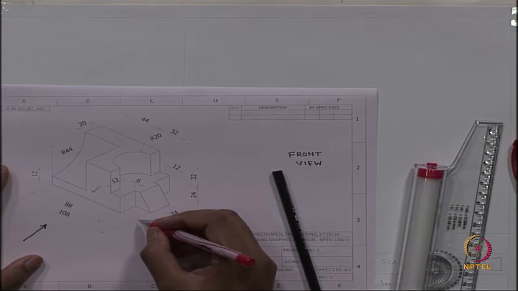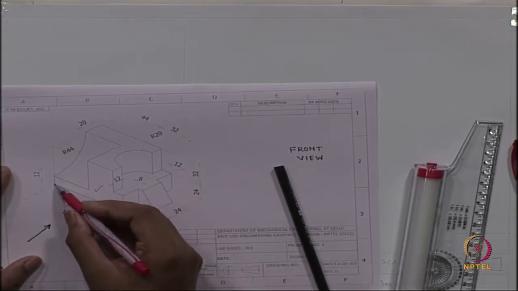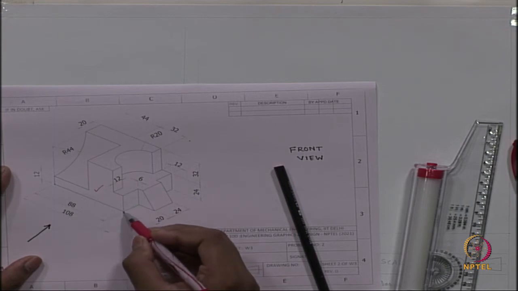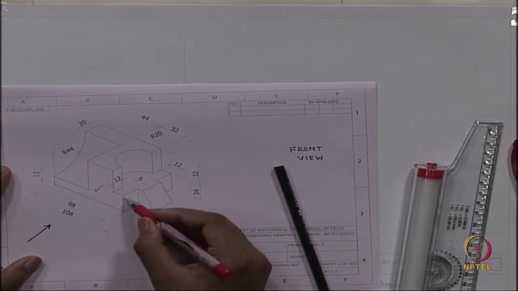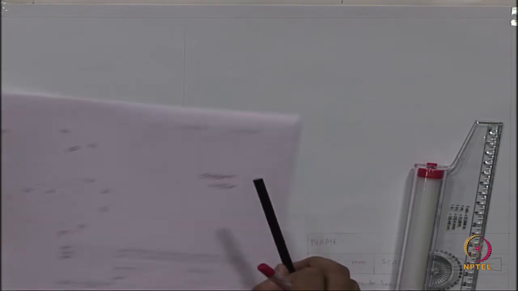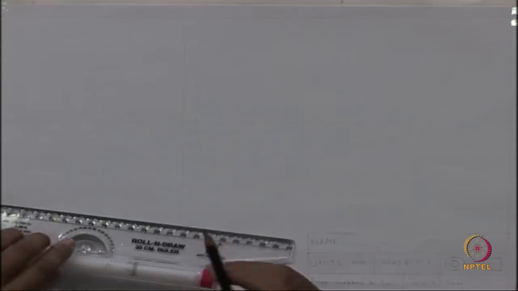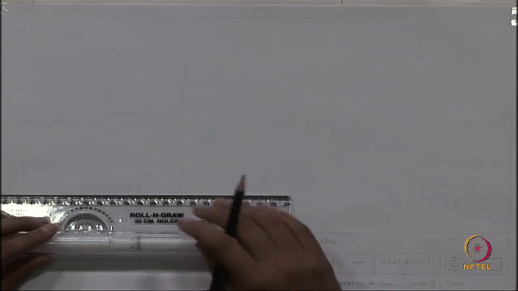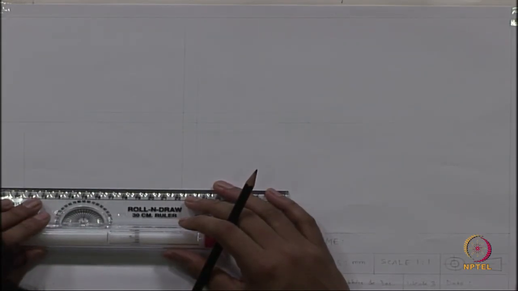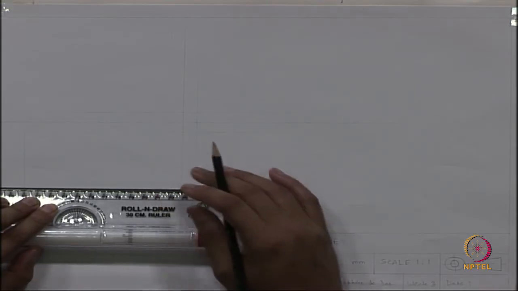This surface has a length, from here to here, of 88, and this vertical length is 24. So, we will draw that first. For drawing the actual object, I will use a 2H pencil. 88 is the length.